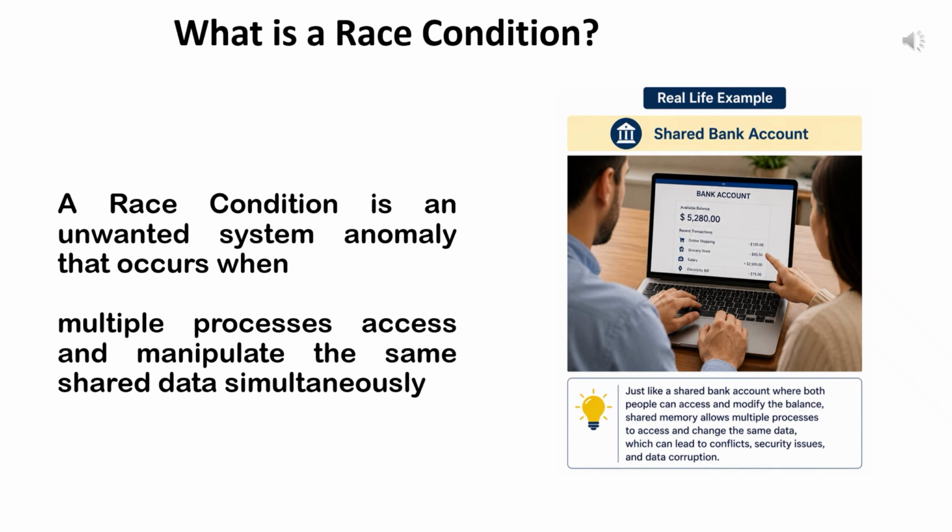This makes the output unpredictable. The same program may produce different results every time it runs. Race conditions are one of the most common synchronization problems in concurrent programming. To prevent them, developers use synchronization mechanisms that ensure only one process modifies shared data at a time.